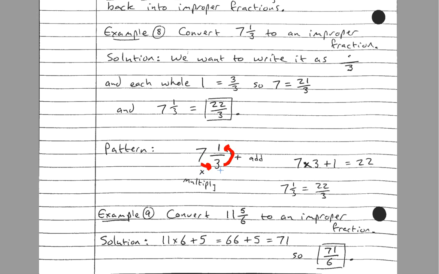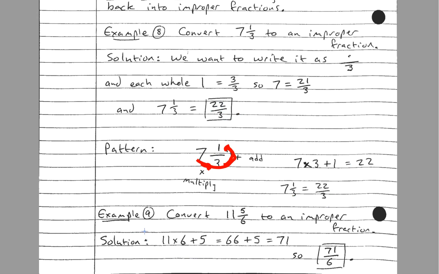So it's 7 times 3 plus 1. Here we're multiplying, here we're adding, like a circle. That tells you the top number, that's 22. The bottom number stays the same, so that's 22 thirds. We've just seen that pattern, so we get the same answer.